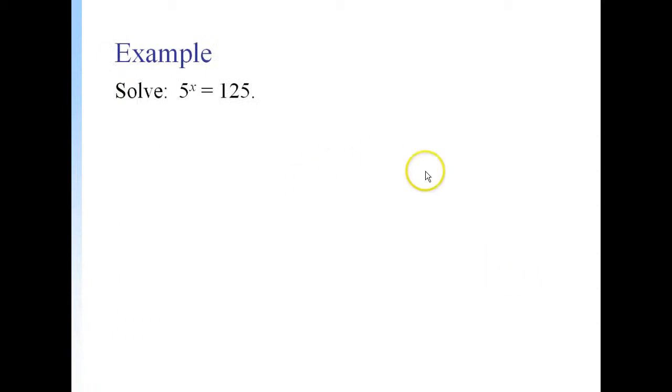So let's take a look at our first example here. Now some of these are long, so I won't do them myself, but this one I would. So here we have 5 to the x power is equal to 125. Now as you look at this, are the bases the same? No. So what do we need to do?